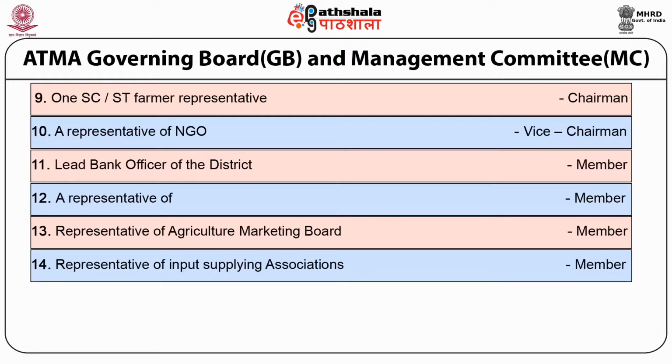So inputs must be ensured at that particular time; only then can we harness the benefits of these enterprises. The input supply associations are being made party to this commitment to provide quality inputs and to provide them in time when required.